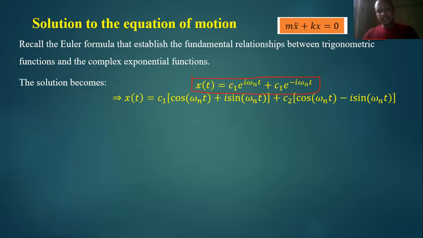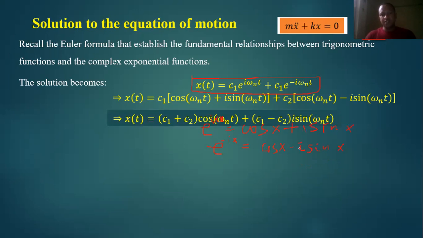Then this is a power of some i x t, or let it be i x simply. e to the power of ix is equal to cos x plus i sin x, and e to the power of minus ix means cos x minus i sin x. That is the Euler formula.